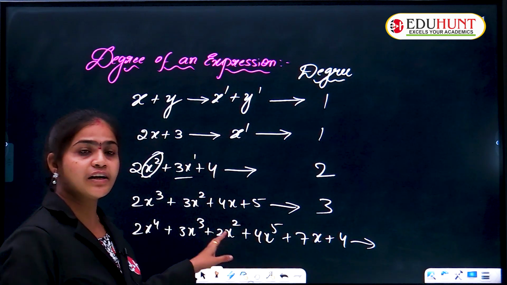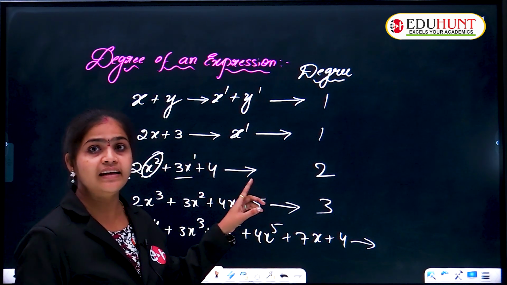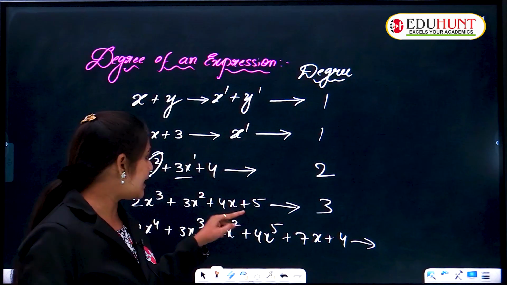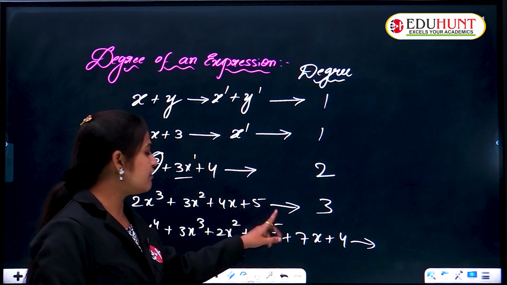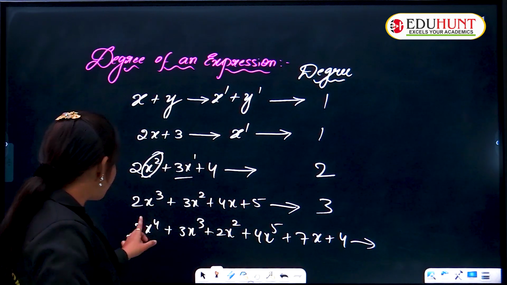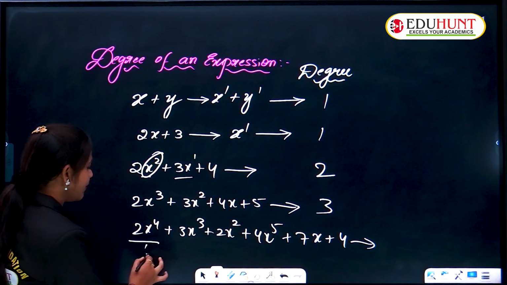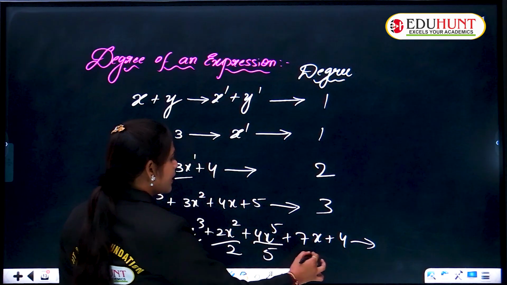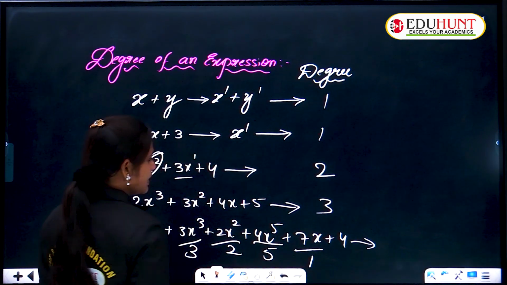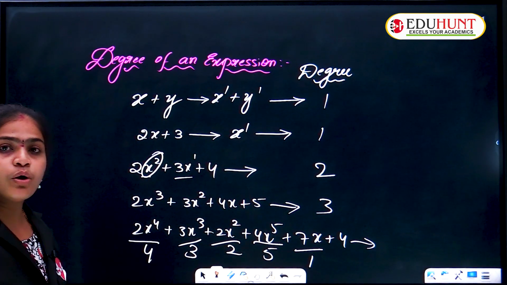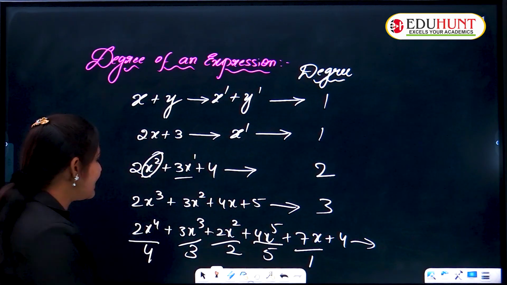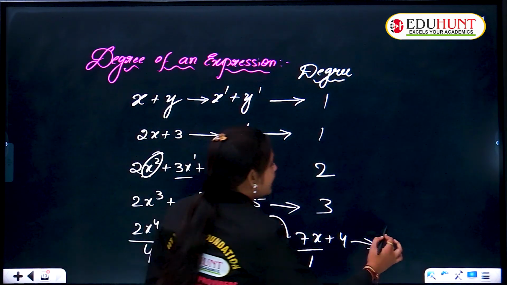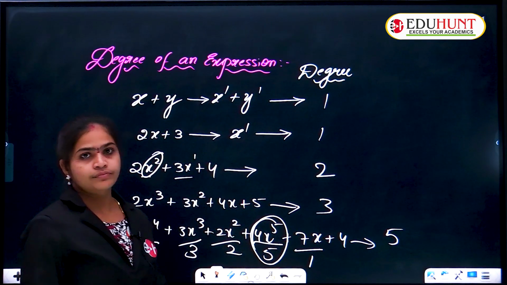You have to check always; the first one is not necessarily the degree. You may get that confusion. That's why I have given 4x power 5 here. By observing all the powers, here power is 4, here power is 3, here power is 2, here power is 5, here power is 1, here 0. Now what is the highest power here? Highest power is 5. That's why degree is also 5.